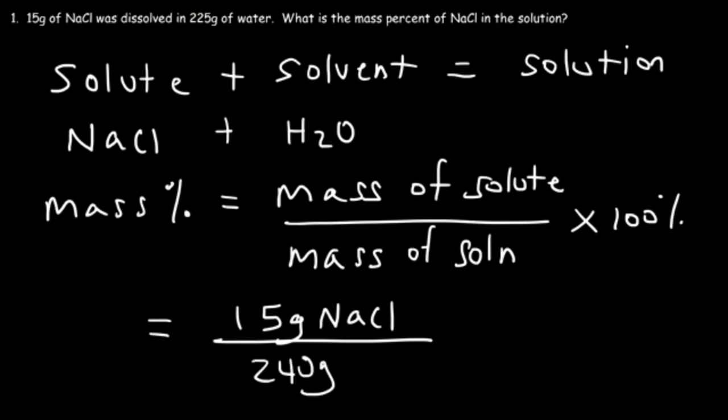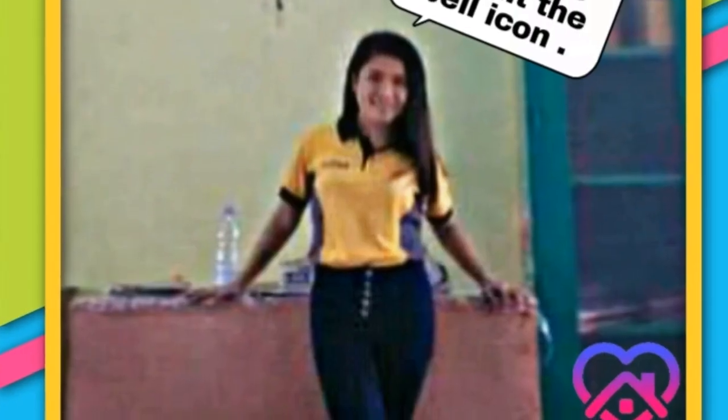So, all you have to do is add the solute, which is 15, plus 225, you have 240 grams. Then, times 100% using your calculator. So you need to have a calculator in this part. Okay, so the answer is 6.25%. That is our mass percent.